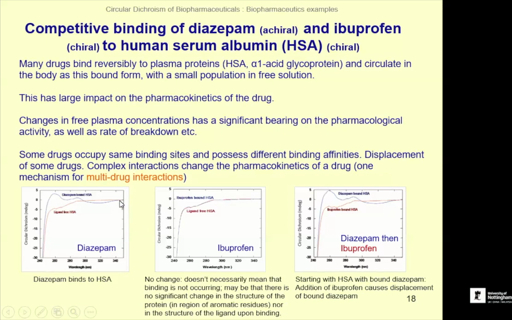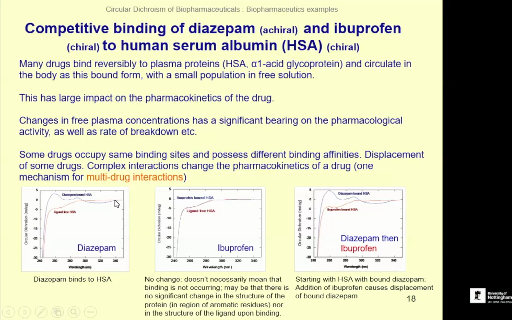And then what happens when you add diazepam to human serum albumin? We know they interact, so the spectrum should change. Diazepam is achiral, so you're not going to see any contribution from that molecule, but you will see what happens when diazepam binds to HSA, because HSA will change.